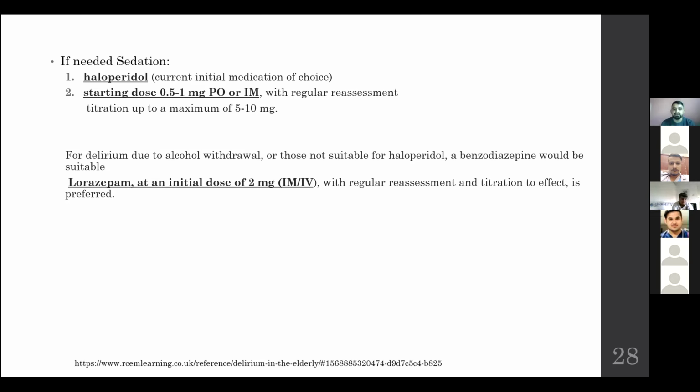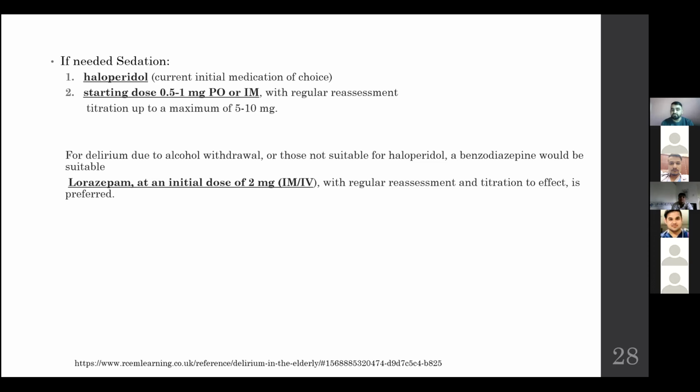We should start at a dose of 0.5 mg oral or IM with regular assessment. Titration up to a maximum of 5 to 10 mg can be done, but remember to give as low a dose as possible.